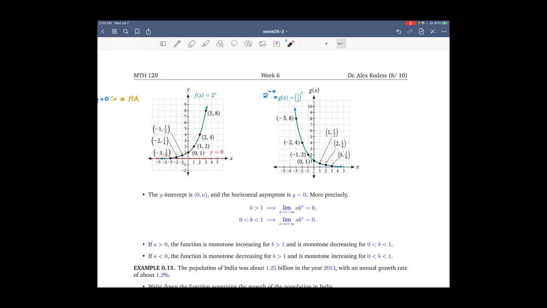So the graph of 1/2 to the power x may be obtained by reflecting the graph of 2 to the power x about the y-axis.